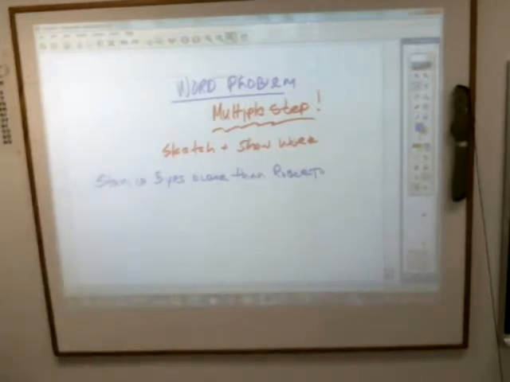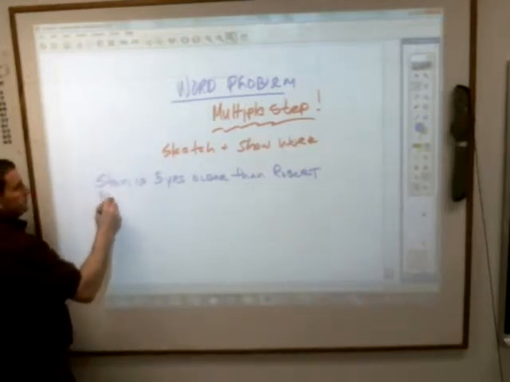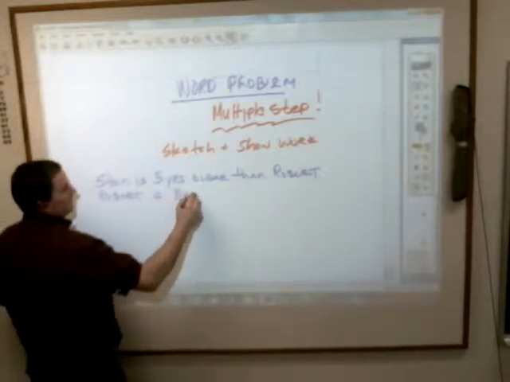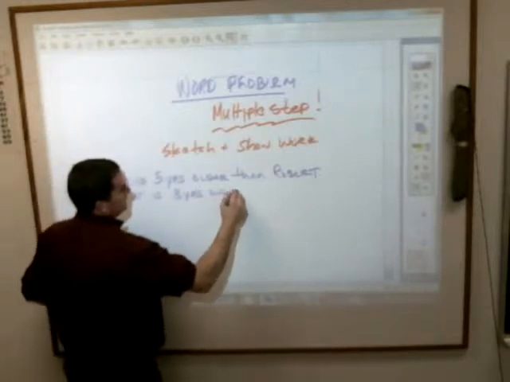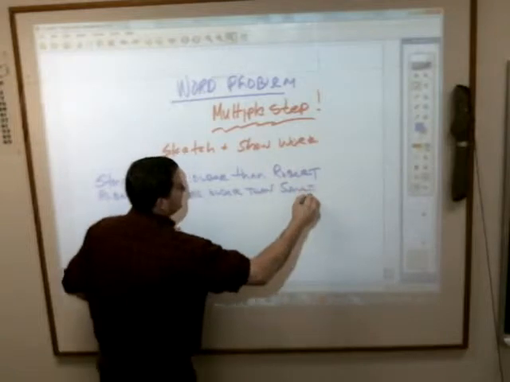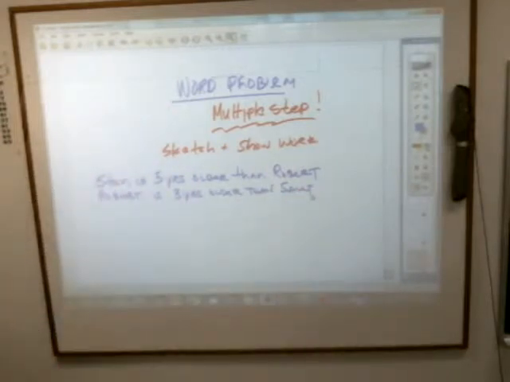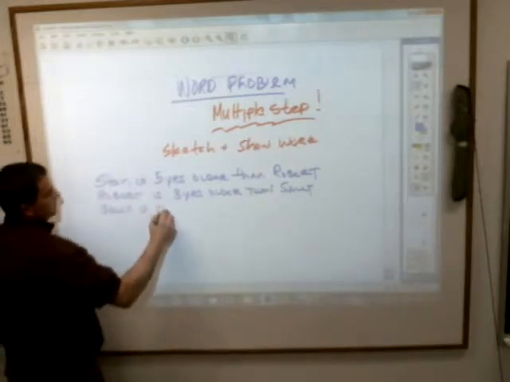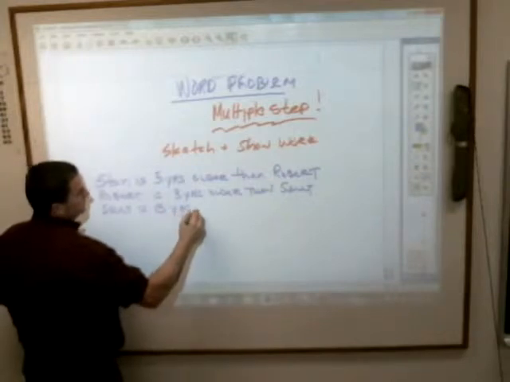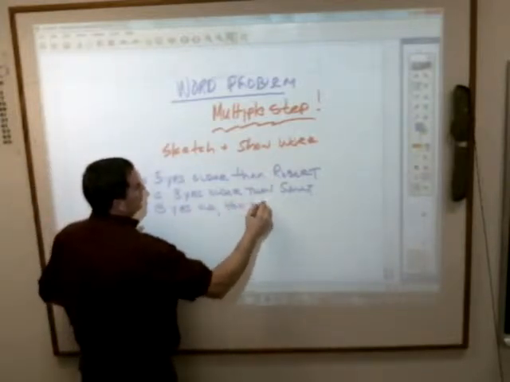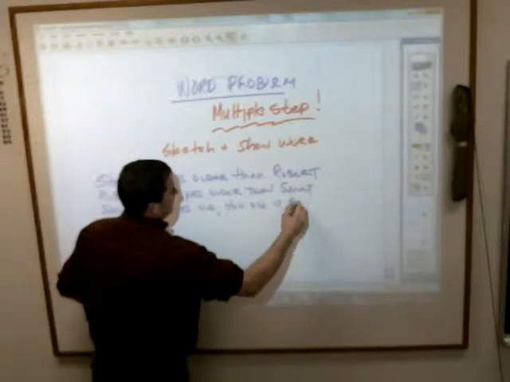Robert is 3 years older than Sally. Sally is 15 years old. How old is Stan?